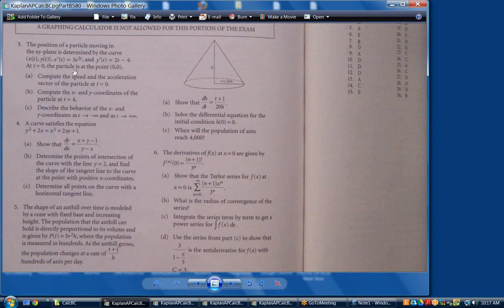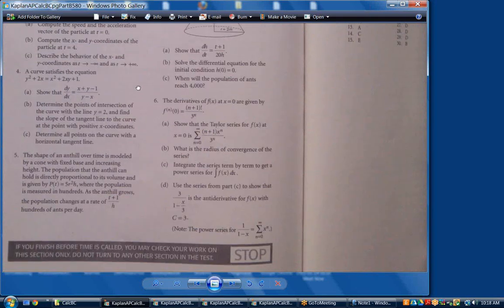Then we'll go back and review a little bit of how you do calculus on parametric equations, and then there are 4 or 5 problems that we have skipped that we'll go back and do. So I thought what we would do today is skip 3 and go straight to 4.